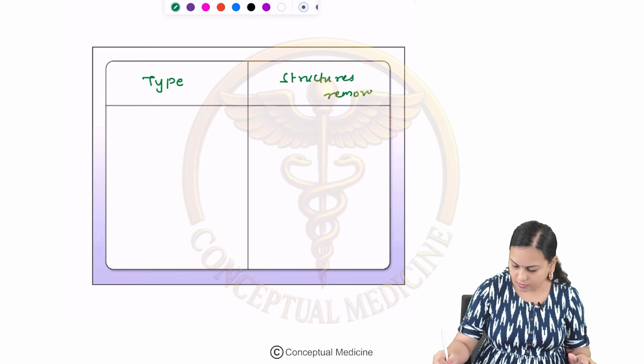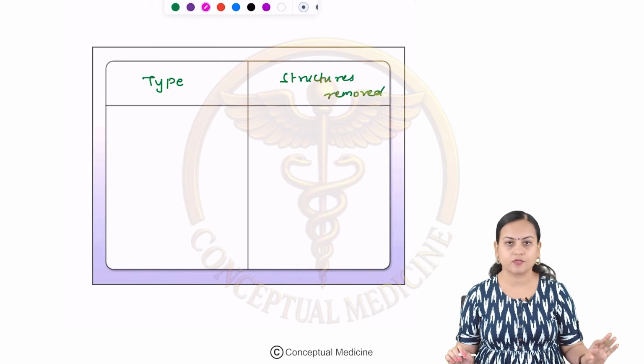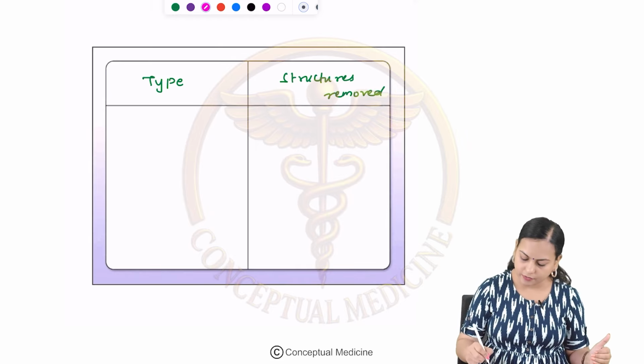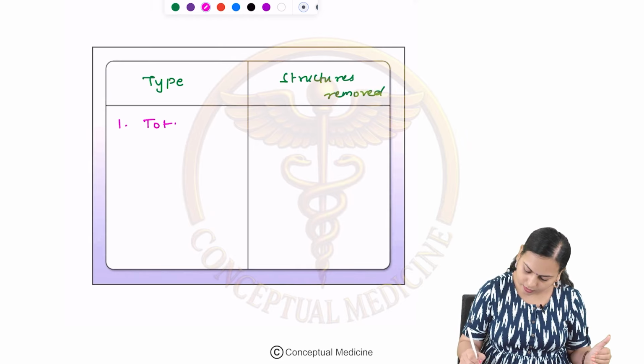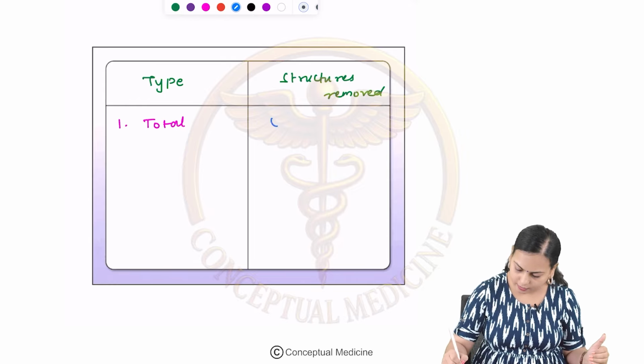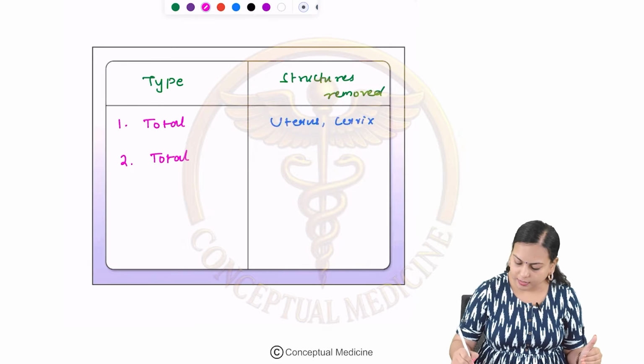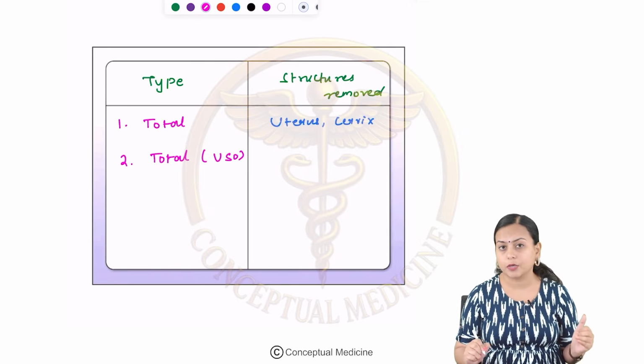So there are 6 types of hysterectomy I am going to discuss. First one is a total hysterectomy, where you will be removing the uterus and the cervix. Second one is a total hysterectomy done with USO, that is unilateral salpingo-oophorectomy.